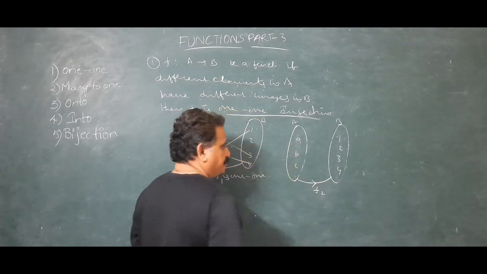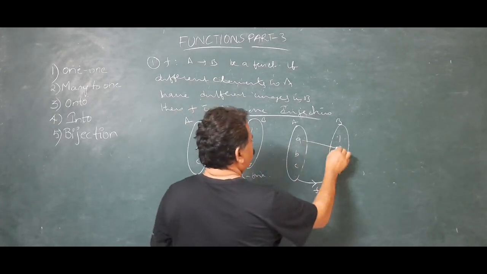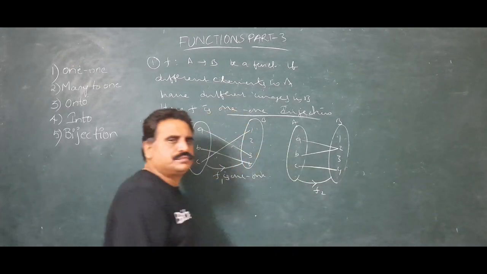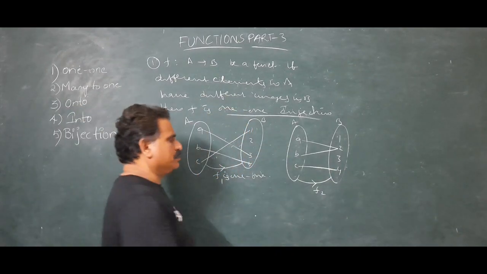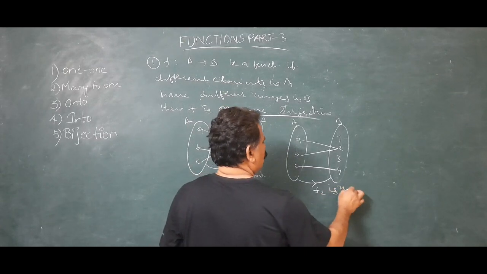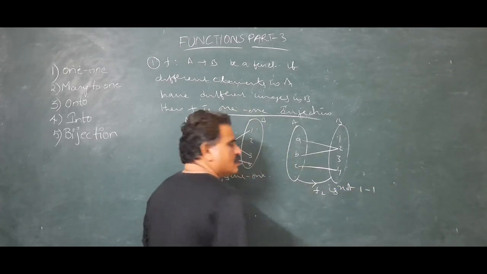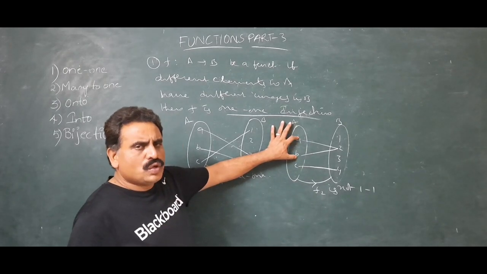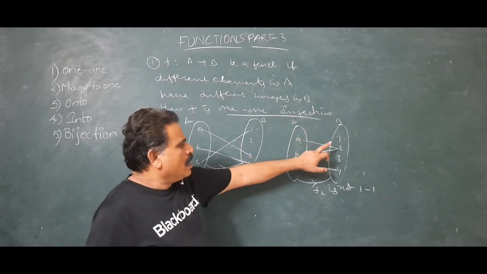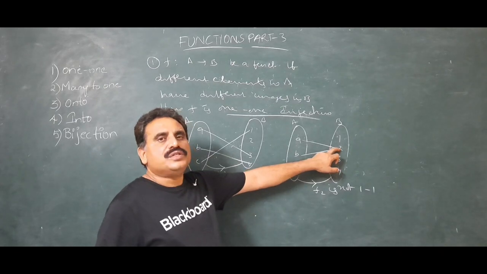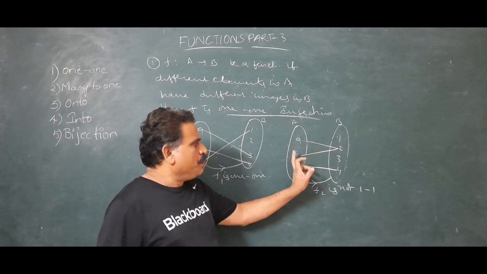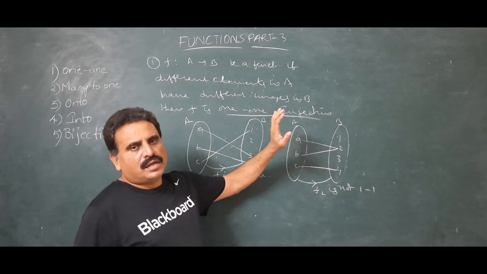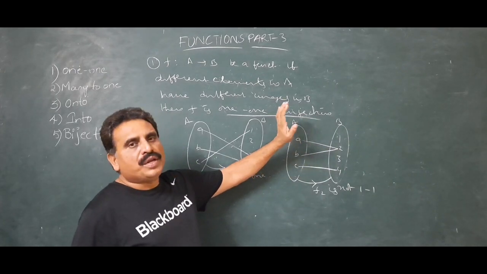This is f2. a joins 2, b joins 2, c joins 4. This is not one-one. f2 is not one-one because a and b are different elements, these two elements have the same image 2. A's image is 2, B's image is 2. That's why it is not a one-one function. It is called a many to one function.